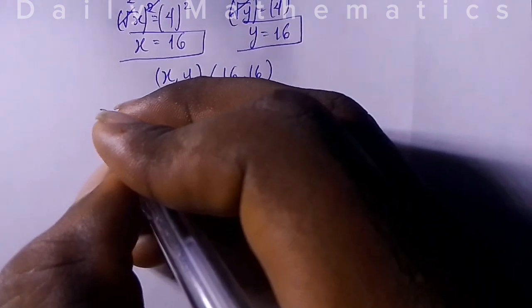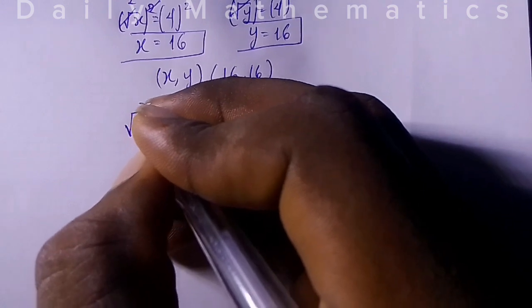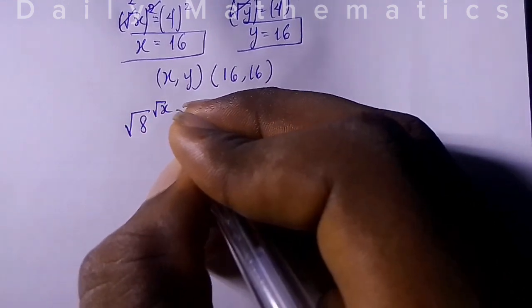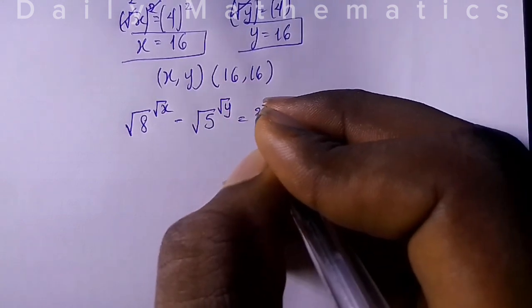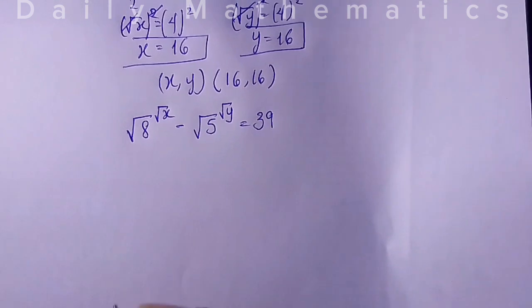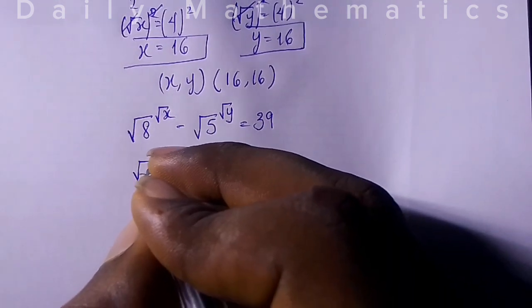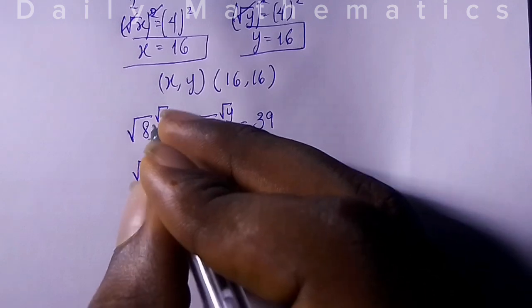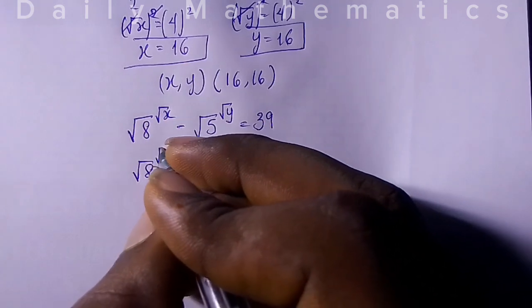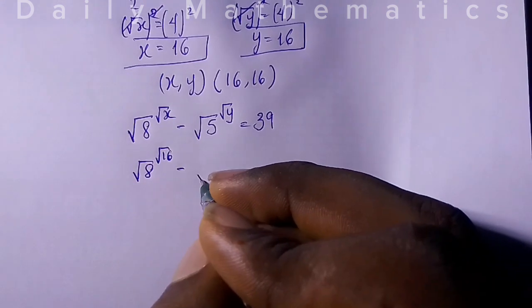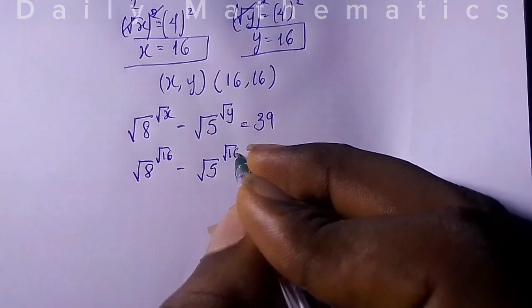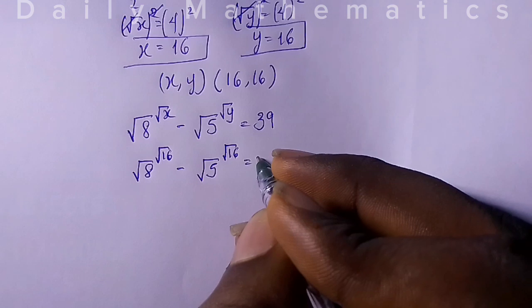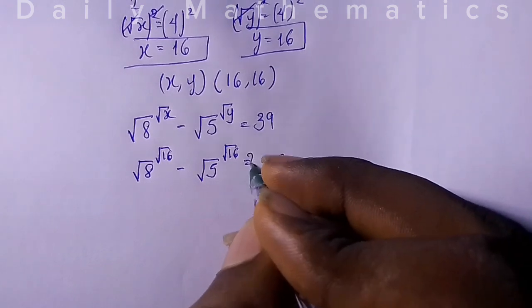Root 8 raised to the power of root x, that's x is 16, that will be root 16, minus root 5 raised to the power of root y is also root 16, equals, does it equal 39, right? That's what we want to find out.